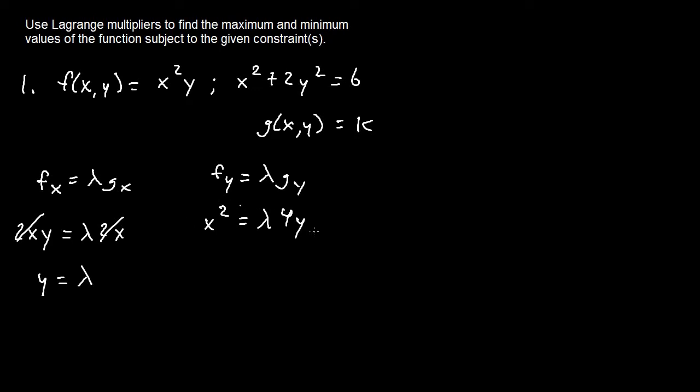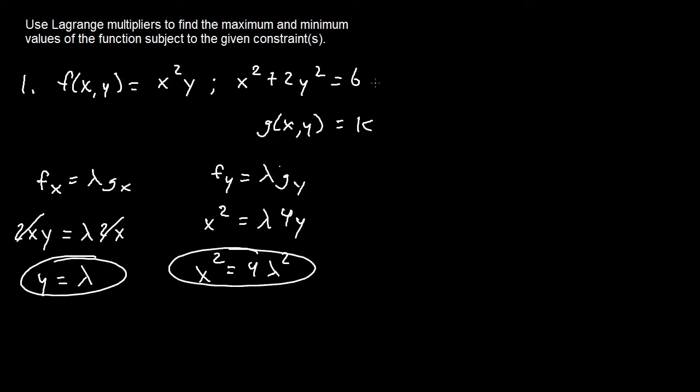Now since we have two variables here, what I'm going to do is take what I found from the first equation, that y equals lambda, and substitute that in. So I'm going to replace y with lambda, and then we get x squared equals 4 times lambda squared.